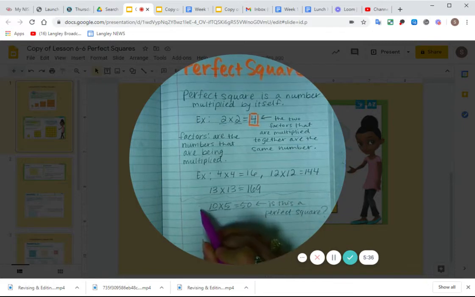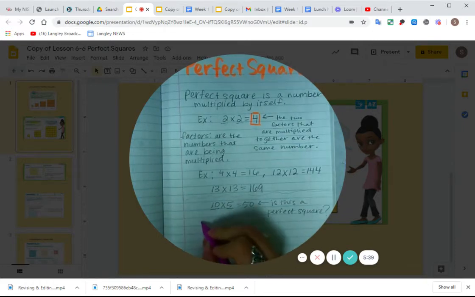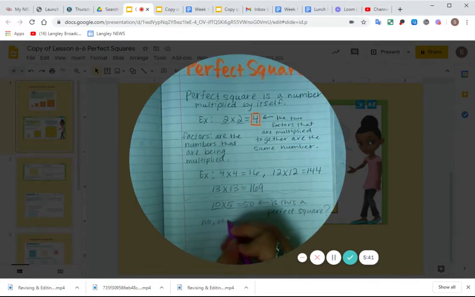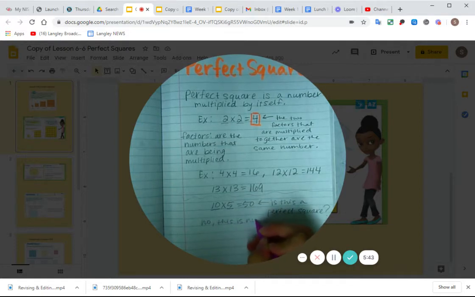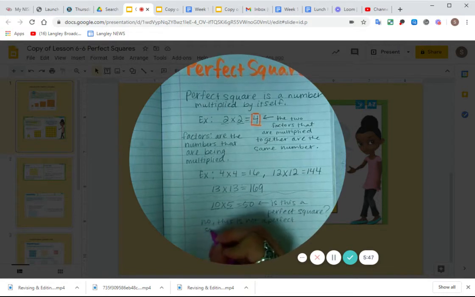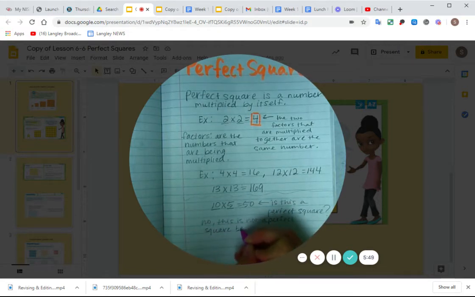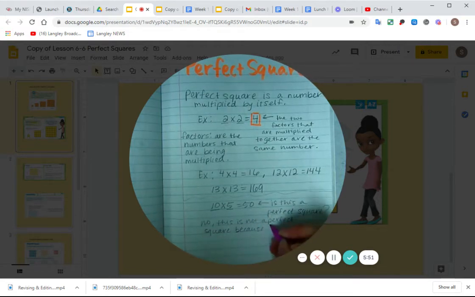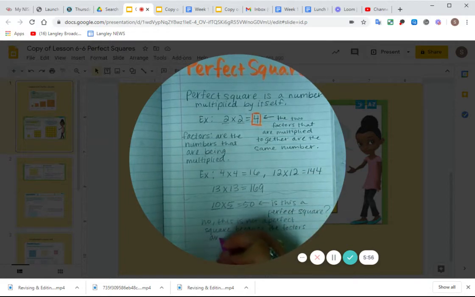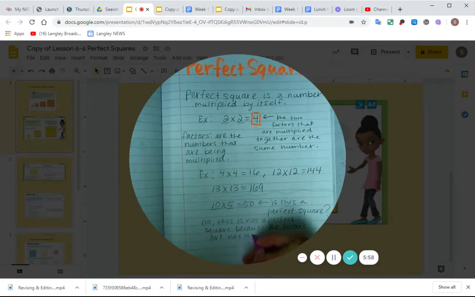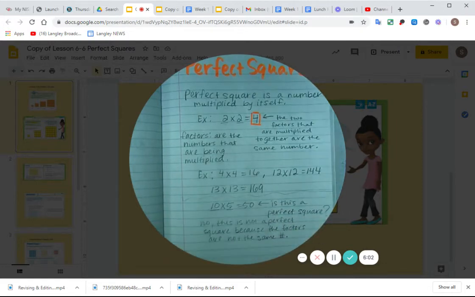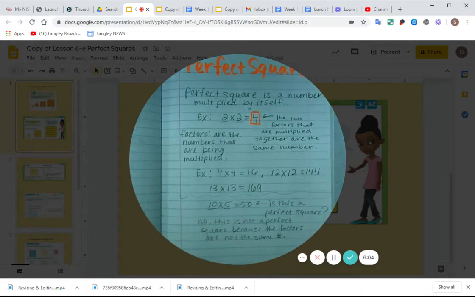So this is not a perfect square, because the factors are not the same number. Okay, they're not the same number.